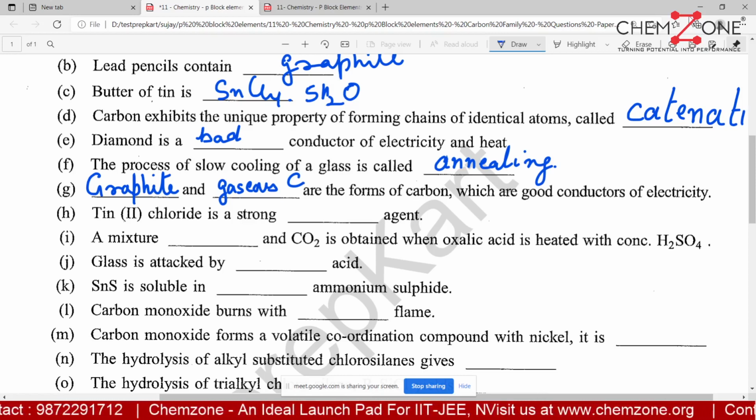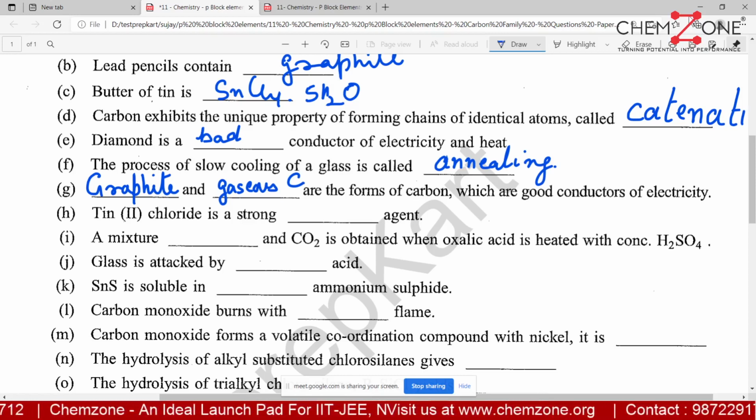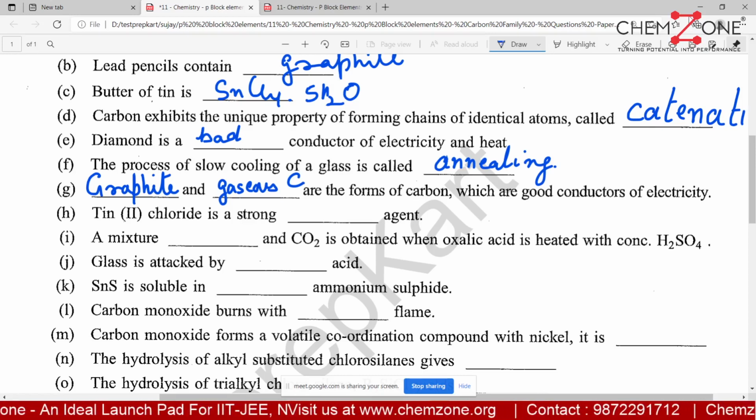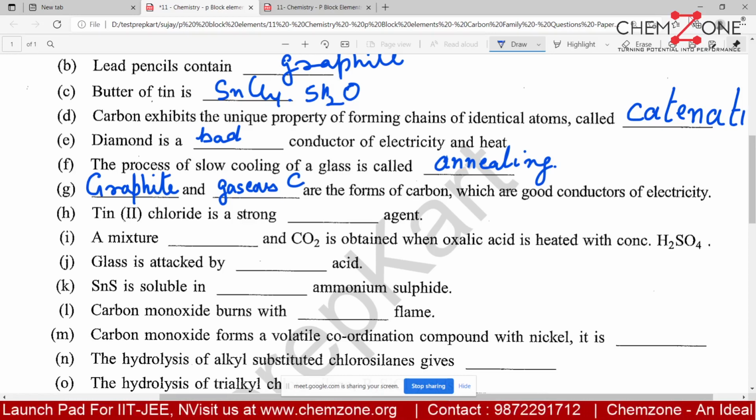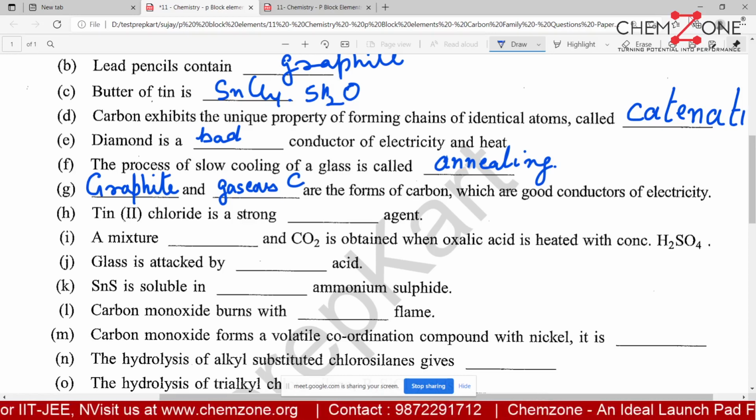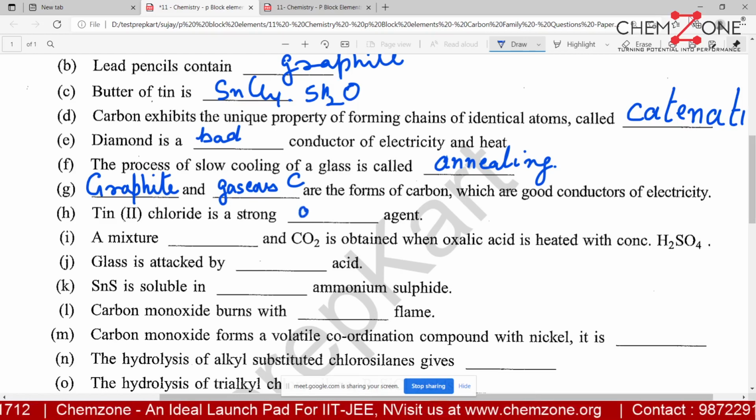Tin chloride, SnCl2, is a strong what? Reducing agent or oxidizing agent? It tends to gain electrons, right? So it is a good oxidizing agent.